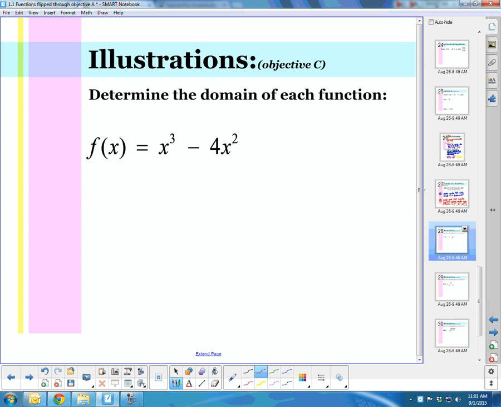If I look at this function f, it's defined as x cubed minus 4x squared. So the 2 things I had to look at. The first thing was zeros in denominators. Well, in this particular case, this function has no denominators.